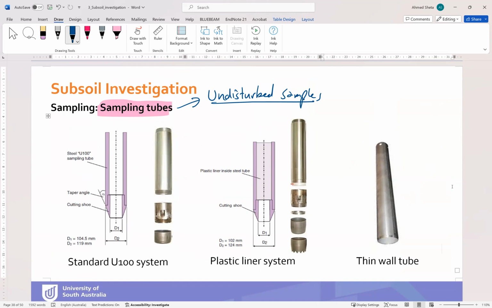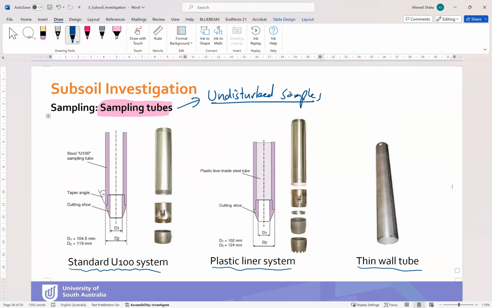For example, we have the standard U100 system, the plastic liner system, and the thin wall tube. All of them are used for extracting undisturbed samples, but for different situations and different types of soil.